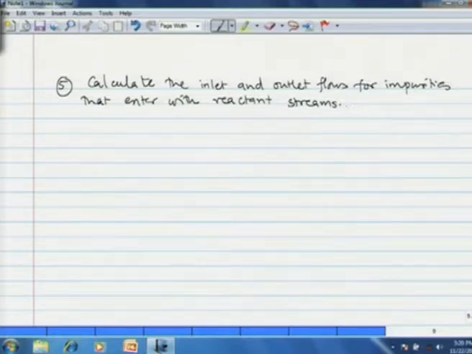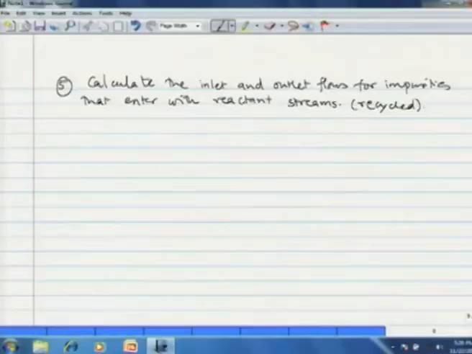Basically the recycled reactants, which we calculate in step 4. Now, this is a very general approach for material balance calculations which could be applicable to any process.